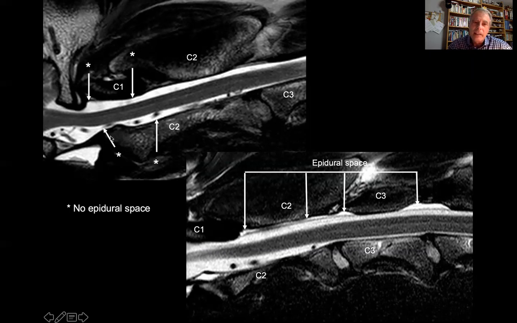Because at the floor of the vertebral canal at this level, both layers of dura are attached to one another. But dorsally, there are attachments as well. As you see, there is a small epidural space, but remember, these are attachments at the level of the ligamenta flava, okay?